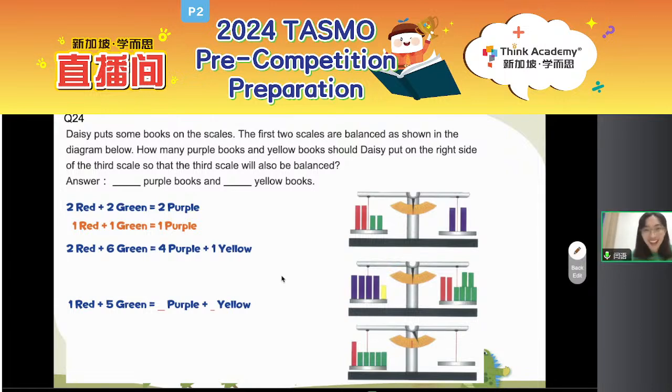Again, guess? No, cannot guess, okay? Everyone, pay attention to the numbers here. Now I moved the position of the orange equation. Let's compare. Here, 2 red, 1 red, 1 red, 6 green, 1 green, 5 green. What can you find?